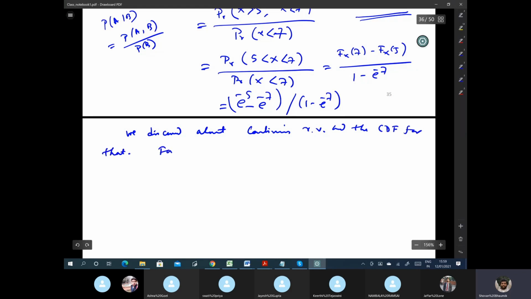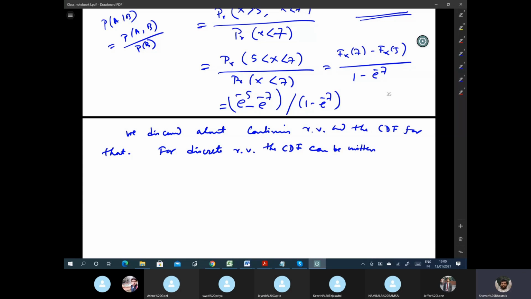Now for discrete random variable, the CDF can be written.